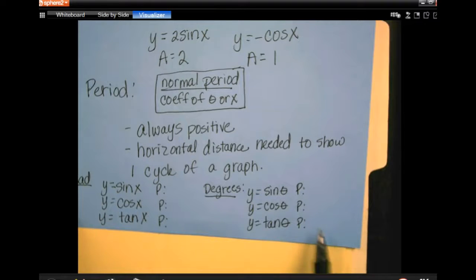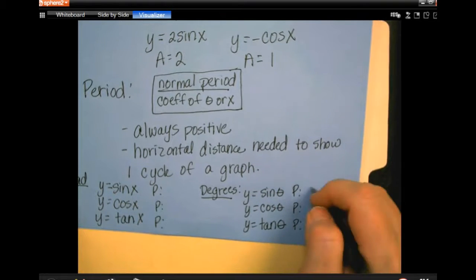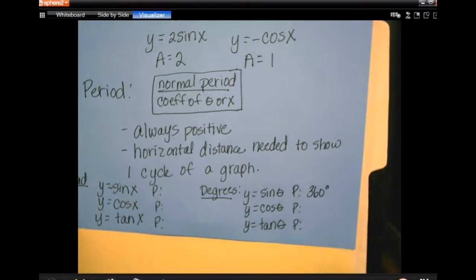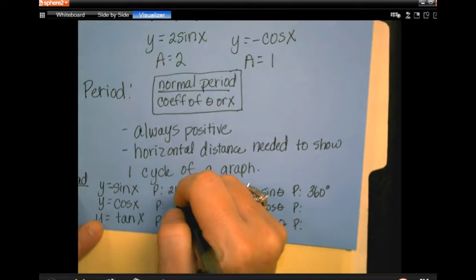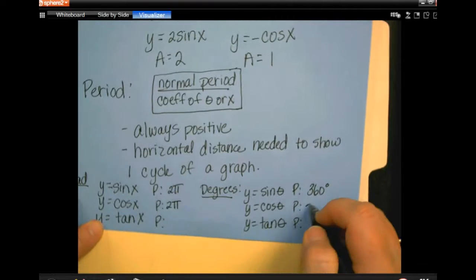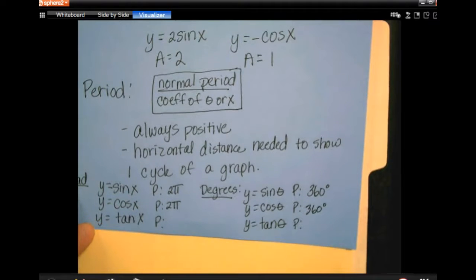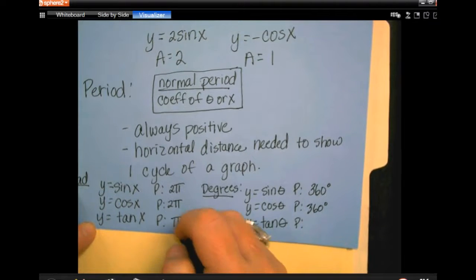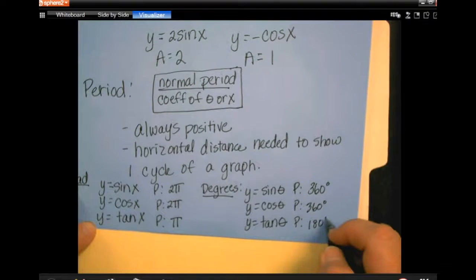The way you can remember this is that the theta has a circle and the degrees has a circle. So the period in degrees is 360. If you see a theta, it's going to be in degrees. If it's an x, it's going to be in radians. And so radians would be 2 pi. And the tangent is only half of that. It's pi and 180 degrees.